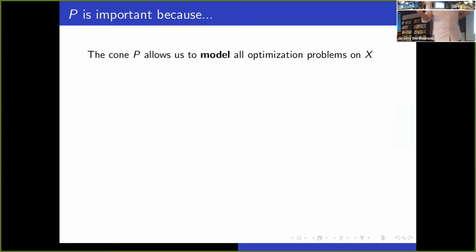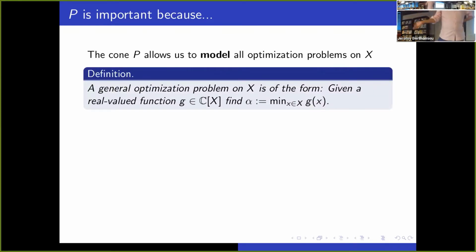So why is it important to speak about P? P allows us to model all optimization problems on X. A general optimization problem on X is of the form: given a real valued function g in C[X], we find alpha equal to the minimum over all x in X of g of x.